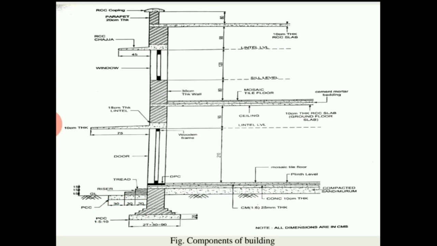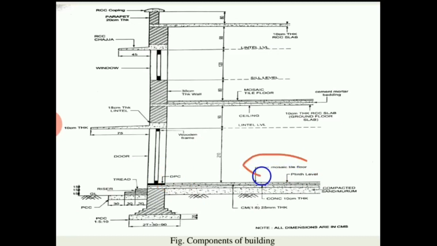First, this is the plinth level and this is the damp proof course, that means DPC. The DPC is a layer provided in buildings to prevent the entering of dampness from the ground into the building component.